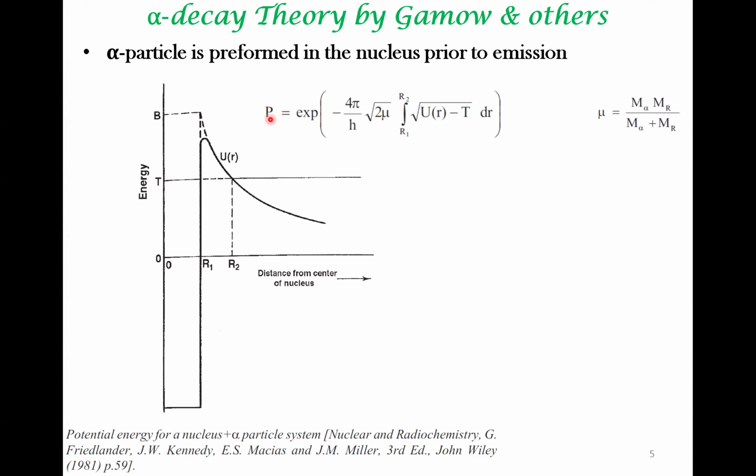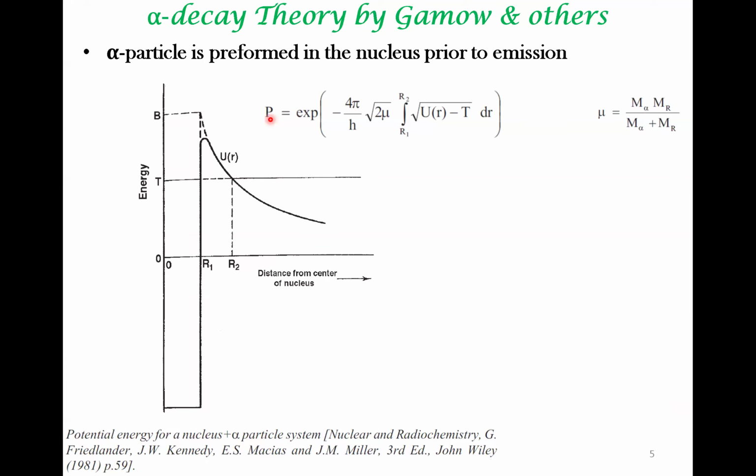So let's say you have H and deuterium. These are all isotopes of hydrogen, right? H has only one proton and no neutron, and deuterium has one proton and one neutron.